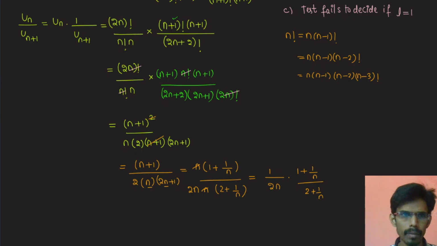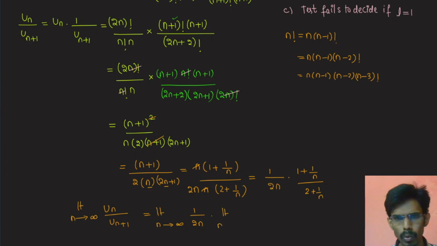Now apply the limits. Limit n tends to infinity un by un plus 1 value is limit n tends to infinity, we have 1 by 2n into limit, distributing the limit, n tends to infinity 1 plus 1 by n by 2 plus 1 by n.